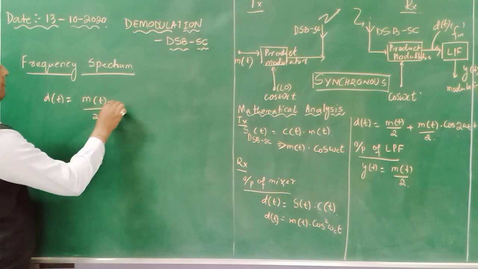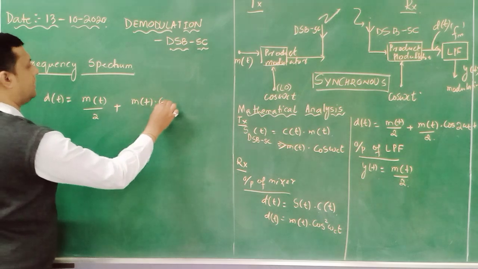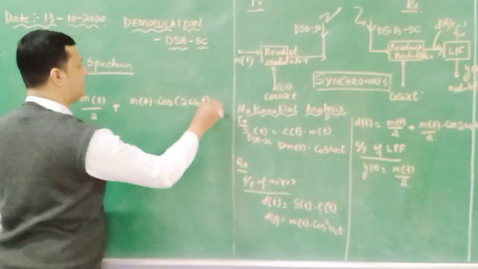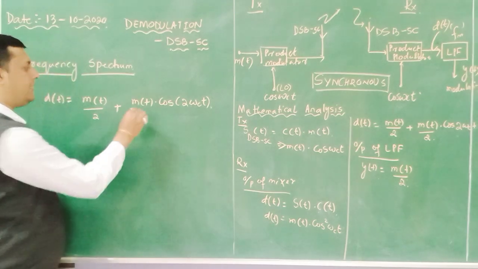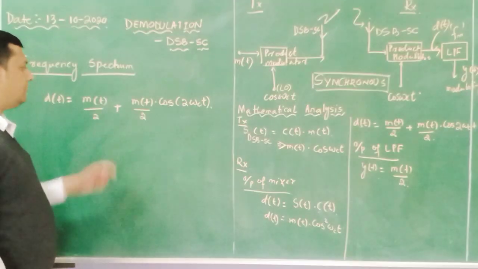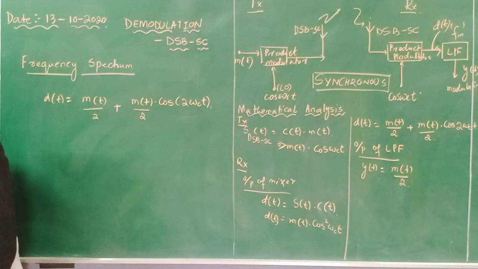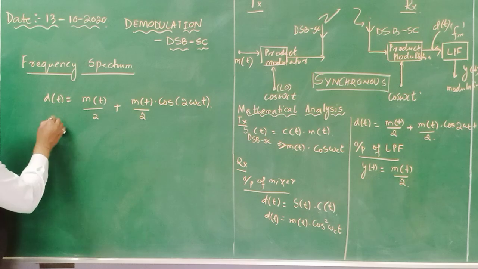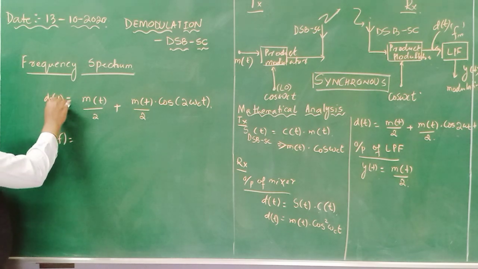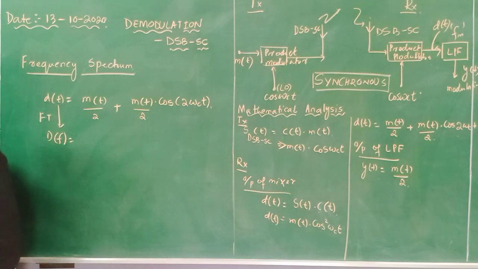One is m of t by 2 and one is m of t cos 2 omega ct. So this is my resultant value divided by 2, like this I can write. Now I need to transform this whole value into the frequency domain. So in the frequency domain, I will write d of f. That means I have done the Fourier transform, d of t to d of f.